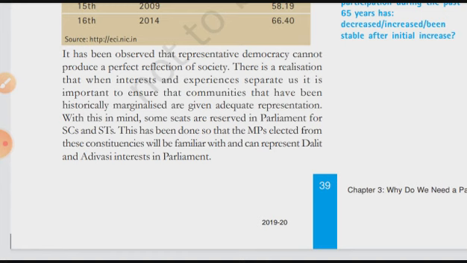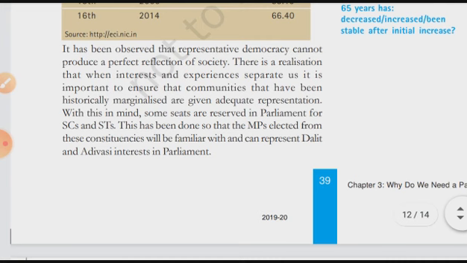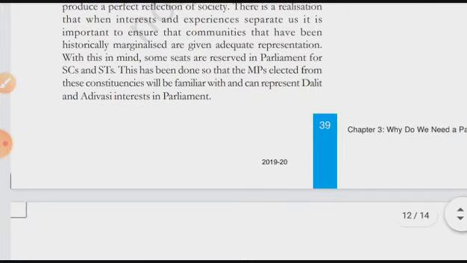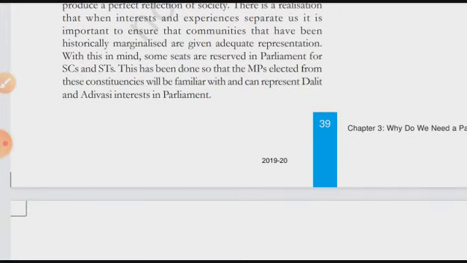With this in mind, some seats are reserved in the parliament for SCs and STs. There are some seats for the national level election that are permanently reserved for scheduled castes and scheduled tribes. This has been done so that the MPs elected from these constituencies will be familiar with and can represent Dalits' and Adivasis' interests in the parliament.